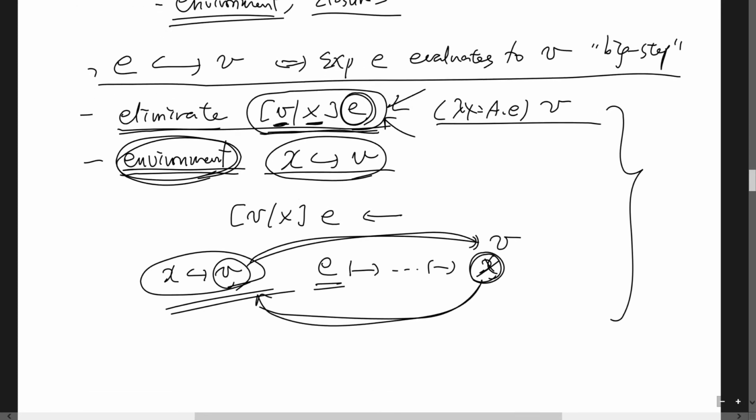So here's a formal definition of environment. We define environment as a new syntactic category, and we use this metavariable eta, which is defined as either an empty environment or an existing environment eta extended with a new mapping x ↦ value v.